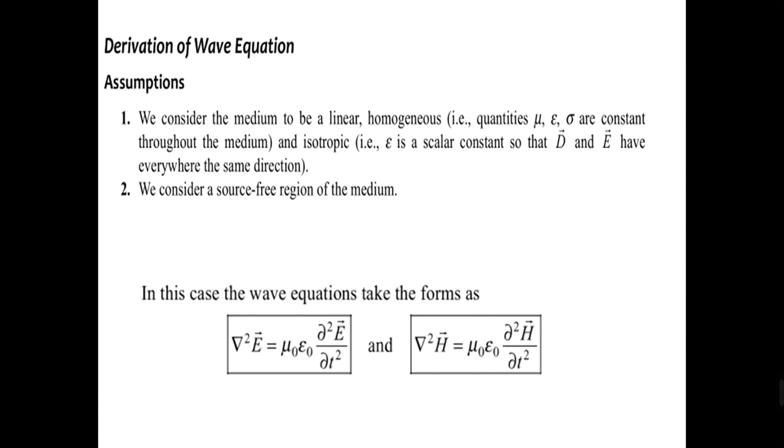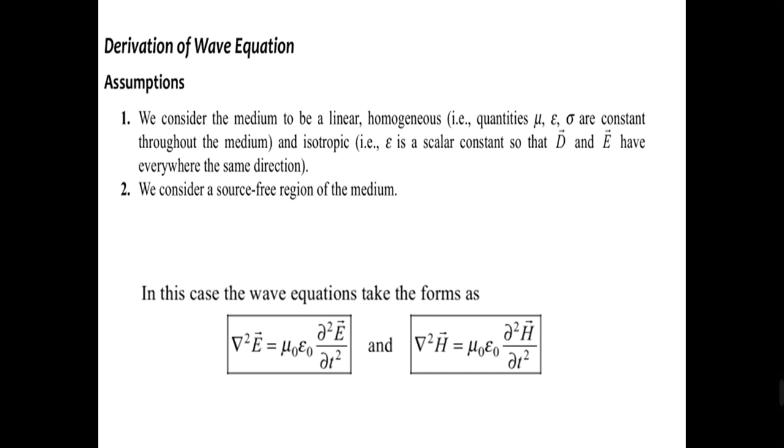And when we say it is isotropic, permittivity is a scalar constant, so that the electric flux density and electric field intensity have everywhere the same direction. And the medium is considered to be a source-free region, that is, there is no charge in the free space.